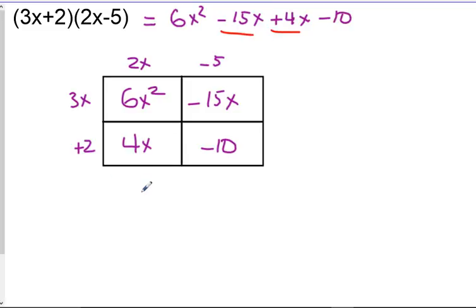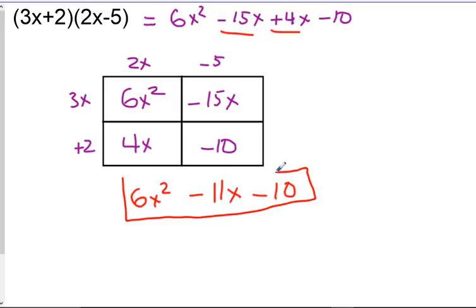And so a better way of writing this expression would be 6x squared, minus 15x and positive 4x gives me minus 11x, minus 10. So this expression is the area of my rectangle, and this expression represents the product of two factors, 3x plus 2 and 2x minus 5.